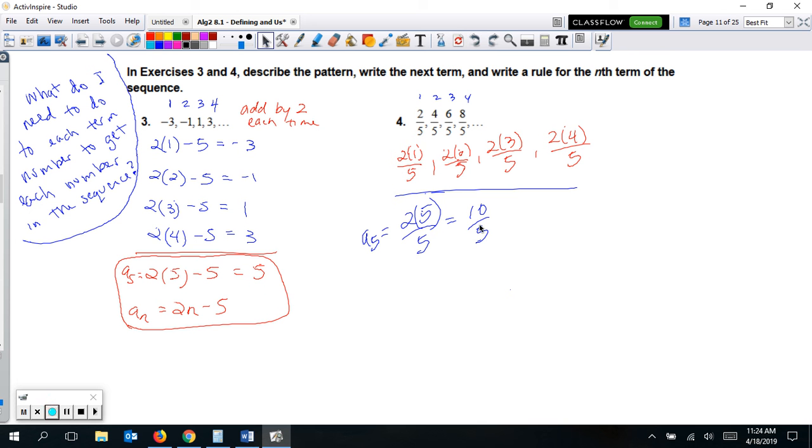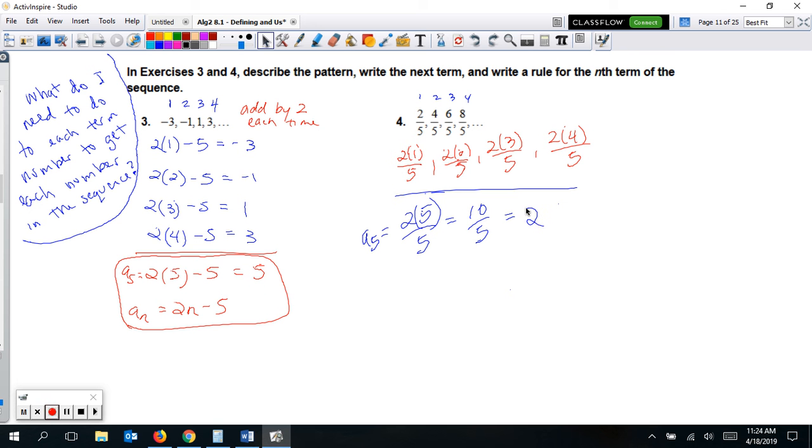And 10/5, we could actually reduce that. I mean, we don't have to, I suppose, but we might need to for the answer. That could be just 2. So we're probably going to say 2 is our fifth term. These don't really reduce, 2/5, 4/5, 6/5, 8/5. Those can just all stay improper, but 10/5 can reduce to a 2.